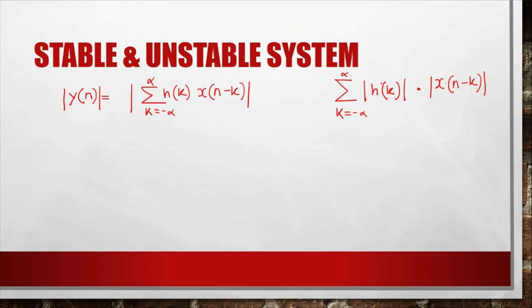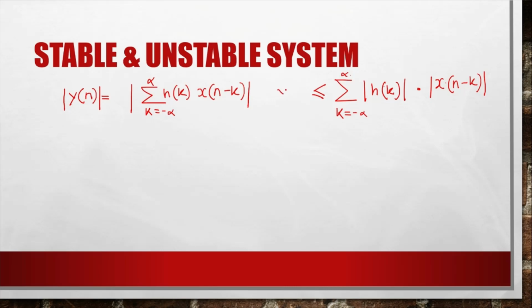What we have done is taken only the positive values of h[k] and x[n-k], multiplying the positive values and then putting the summation. So definitely, if the value of this product is y, then taking only the positive values, this must be greater than or at minimum equal to the value of y.